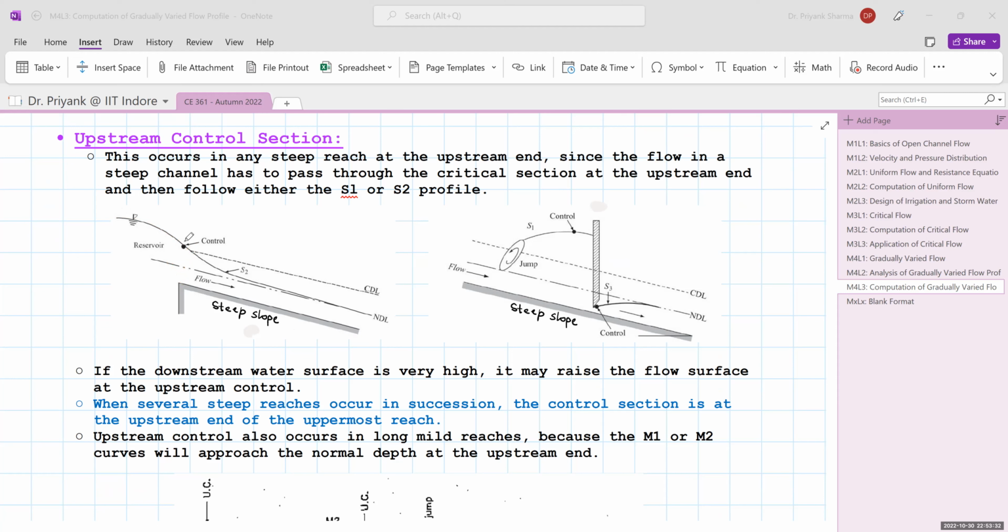Similarly, in case of the S1 profile, after the jump is formed and it meets the pool level, which is due to the sluice gate, this section becomes the control in that case.